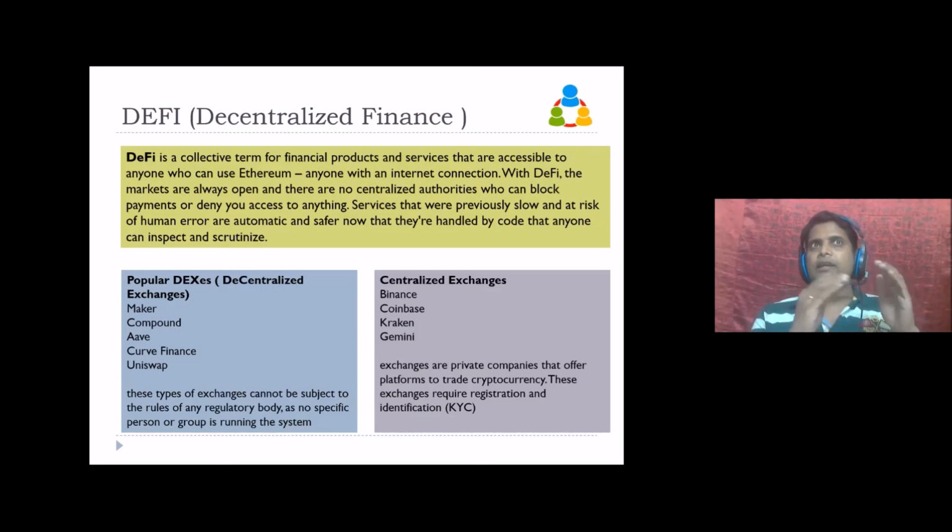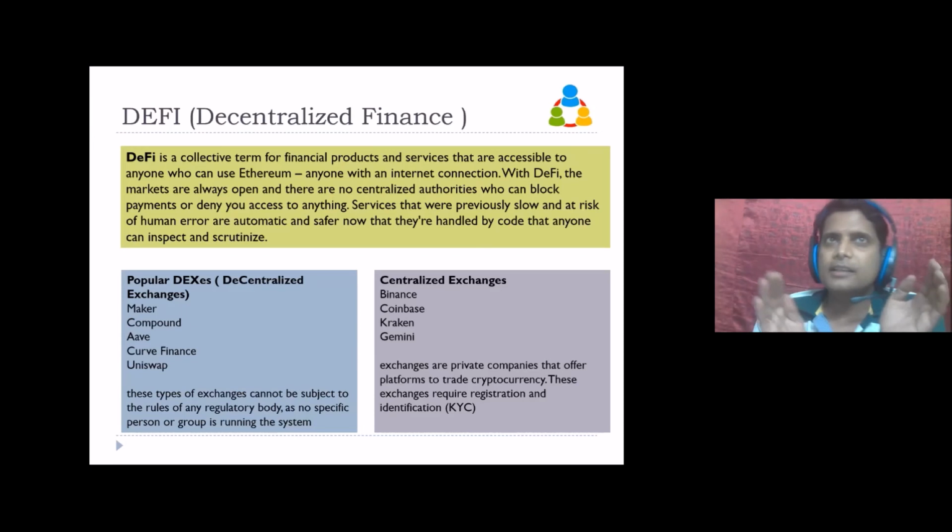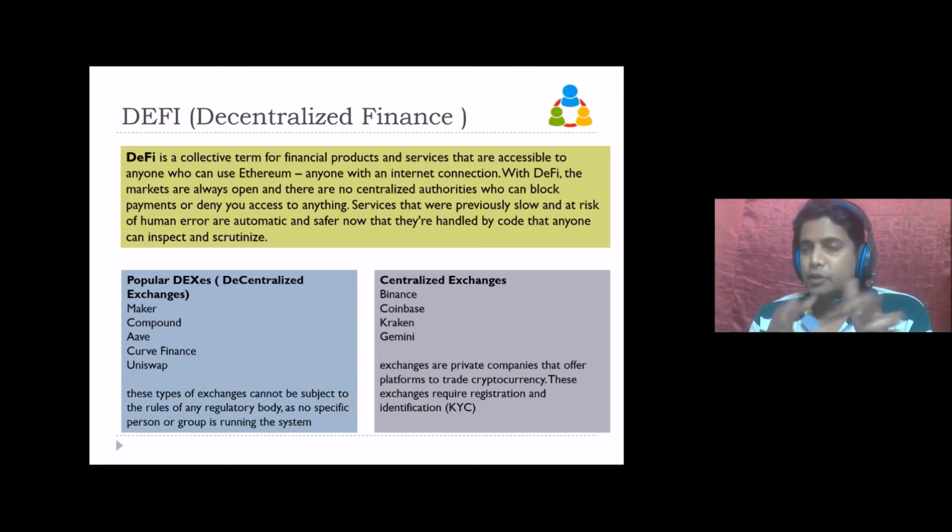And as I said earlier, the value of the cryptocurrencies is purely dependent on the market value, and there is no such thing like a physical commodity which defines the value of a cryptocurrency. The value is defined by the market.